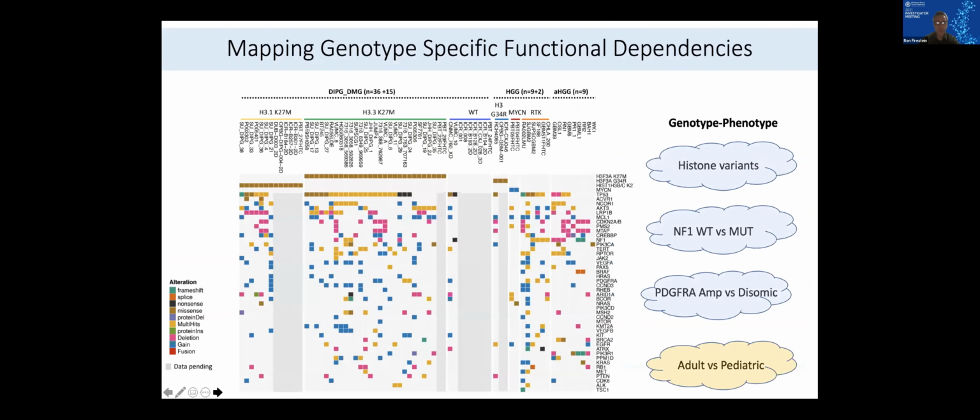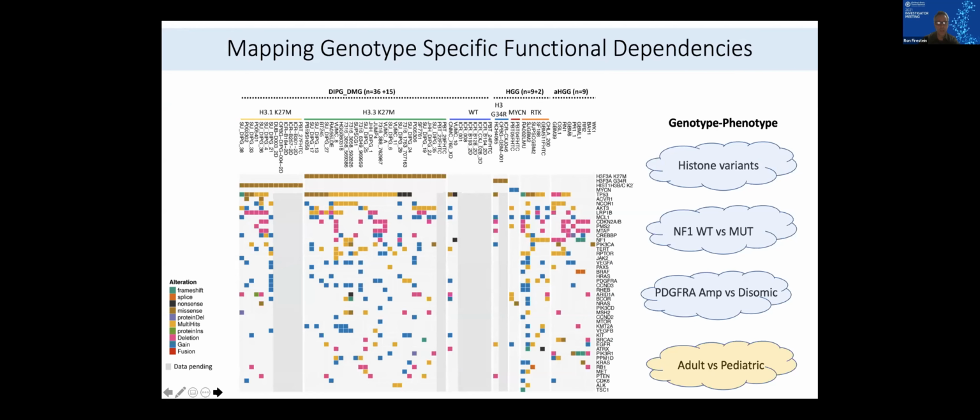The importance of having these kinds of numbers is being able to do specific genotype-phenotype analyses along the molecularly defined subtypes of pediatric brain cancers.